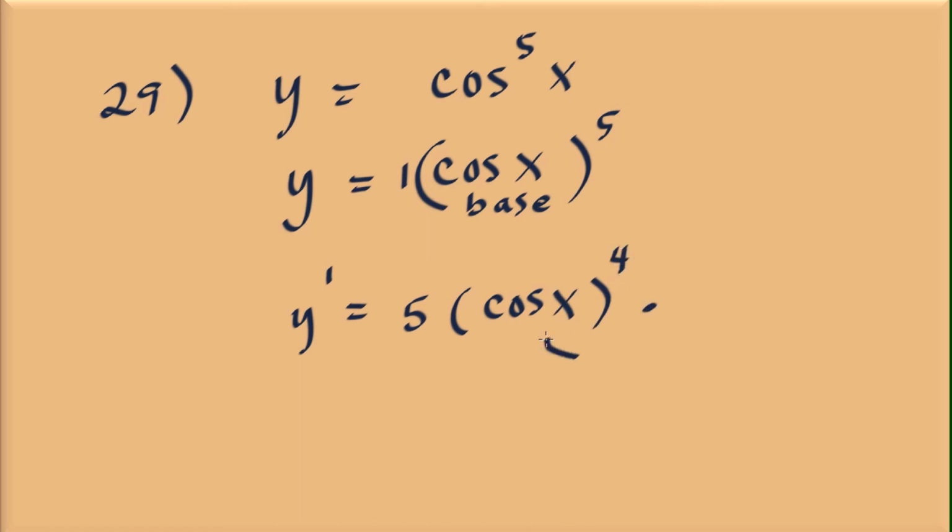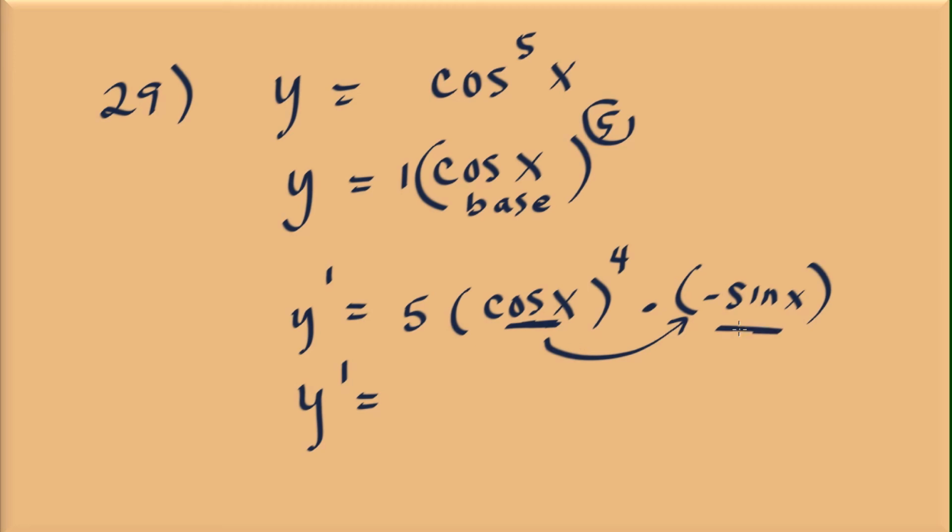So you multiply it by cosine x, by the derivative of cosine x, which is negative sine x. Okay, so I want to rewrite it where the exponent is written outside the parentheses, so you can see very well what the base is, because you're going to get the derivative of that. So y prime is negative 5.